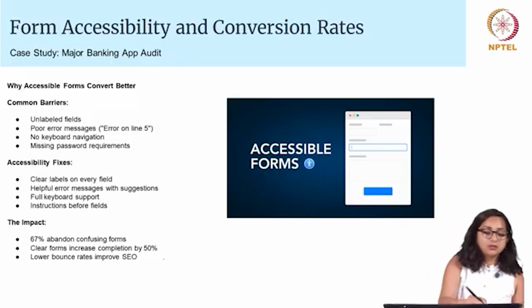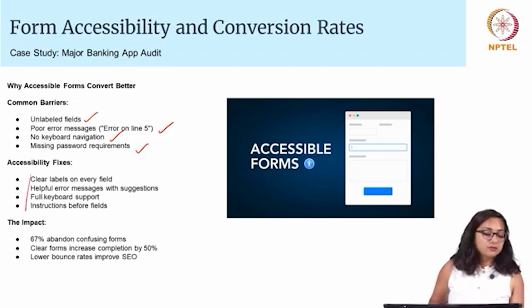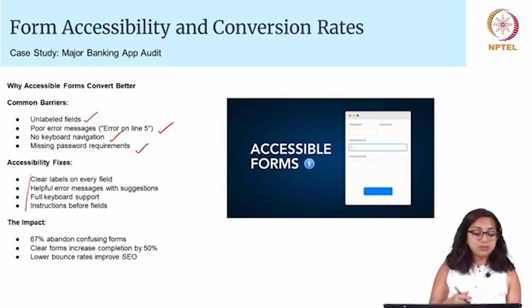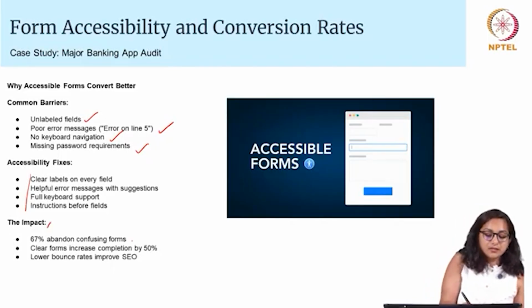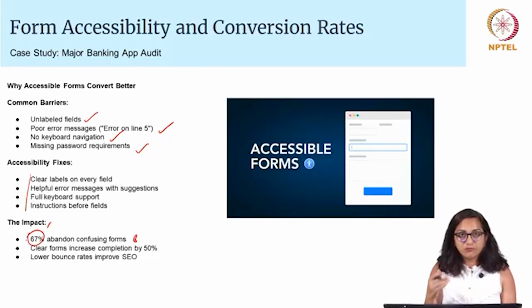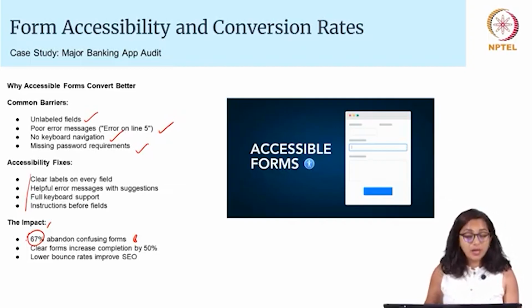Common barriers may be unlabeled fields, poor error messages, or no keyboard navigation, etc. Accessibility fixes: clear labels on every field, helpful error messages with suggestions, full keyboard support, instructions before fields, etc. The impact is that 60-67% of people abandon confusing forms and don't complete them. Clear forms increase completion by 50%, and lower bounce rates improve SEO rankings to a much higher rate.